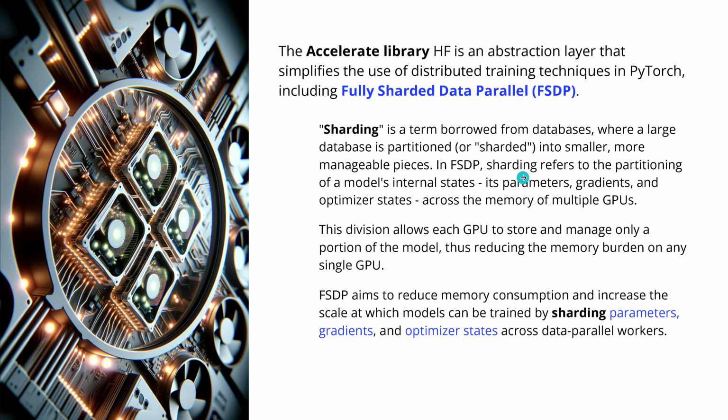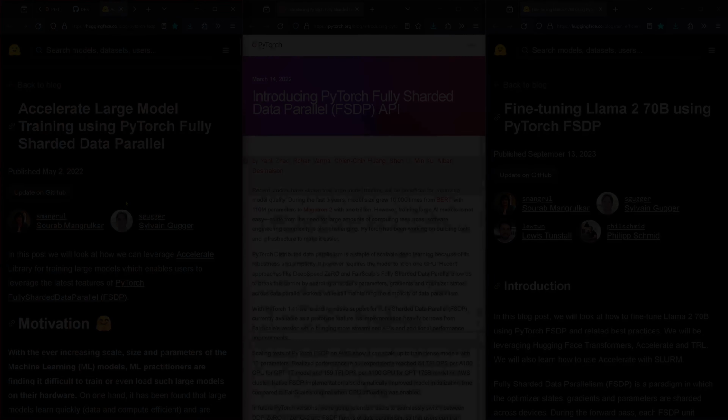Beautiful. So sharded refers to the partitioning of a model's internal states, its parameters, its gradients, and its optimizer states across the memory of multiple GPUs. This division allows each GPU to store and manage only a rather small portion of the model, thus reducing the memory burden on any single GPU.